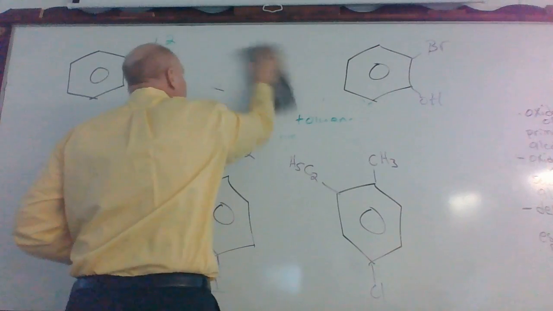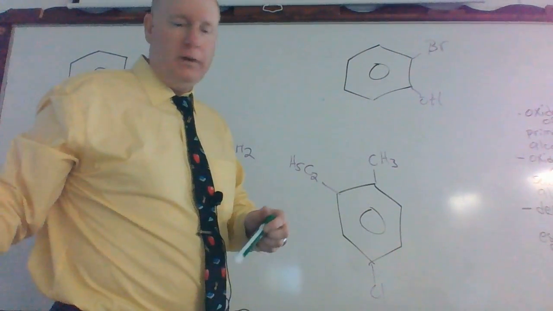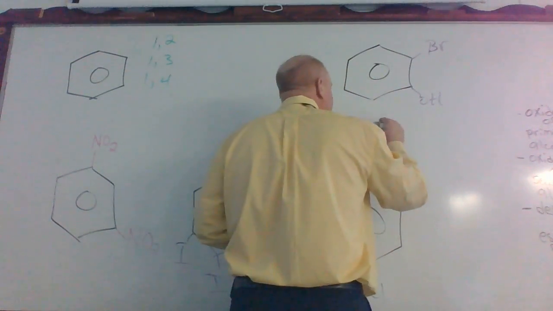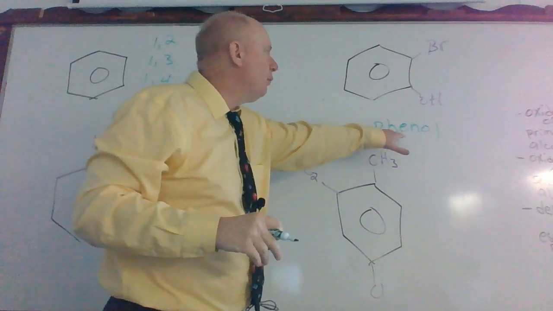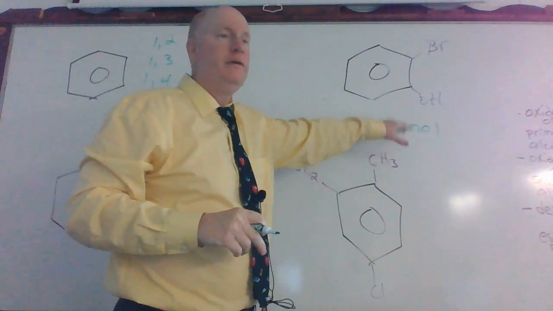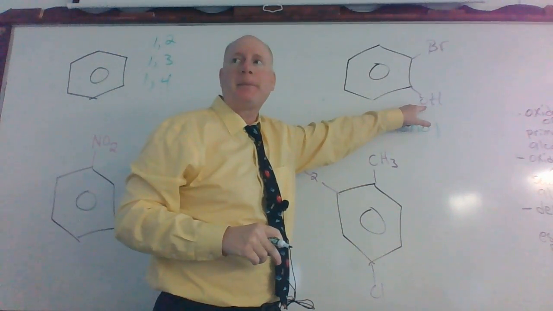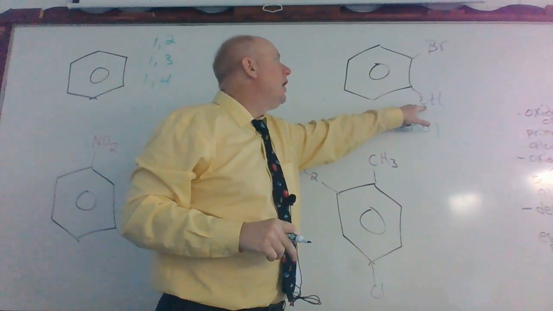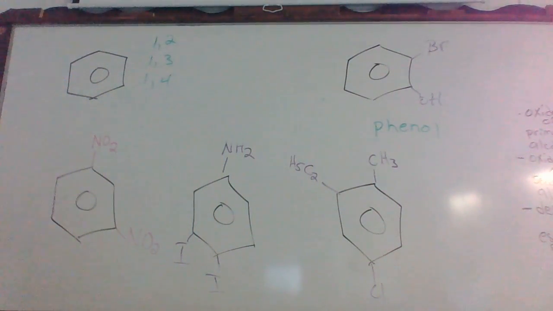As we look at that then, okay, so we said phenol. So right at that moment when you write phenol, you know you've got a benzene ring and you know you have an OH group on there. So if you do the abbreviated form with no numbers, what abbreviation is that for that bromo group?